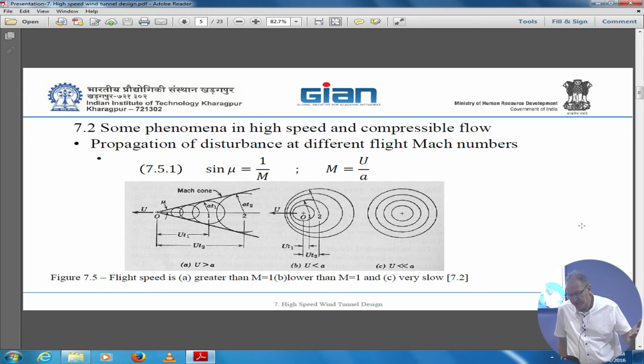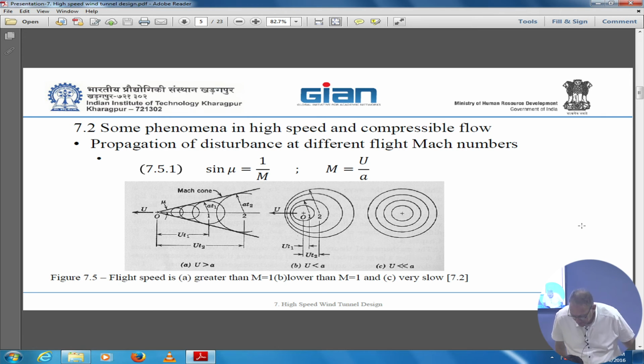Once the element is flying faster than the speed of sound, every time it is overtaking the front of the disturbance it was creating, and this way you get a front of high pressure in the shape of the tangent to those circles of expansion of pressure.